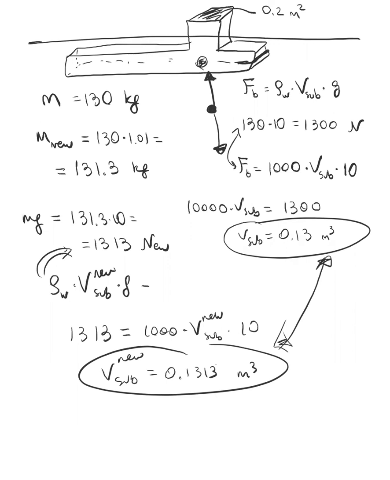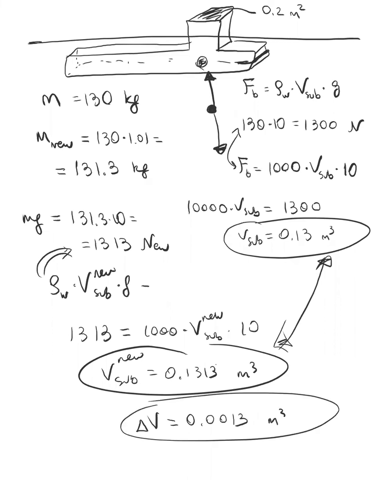Now let's compute the difference in the volume. So difference in the volume is new minus old, and it's 0.0013. So this is by how much my volume has changed. And now let's think about how high does this volume extend. So I have a rectangular prism here. To get submerged by this much more volume, my volume is surface area times height.